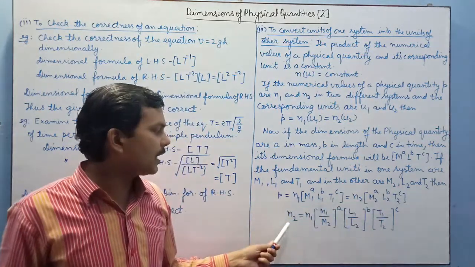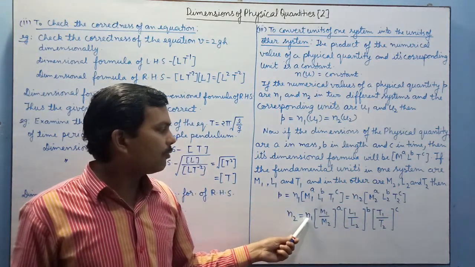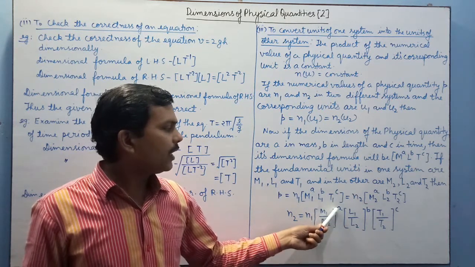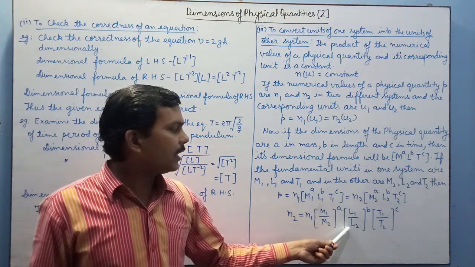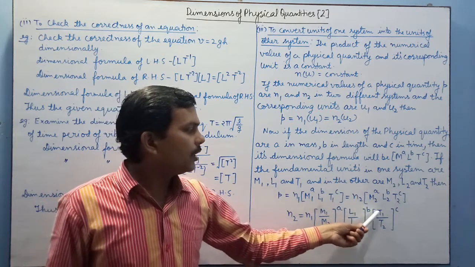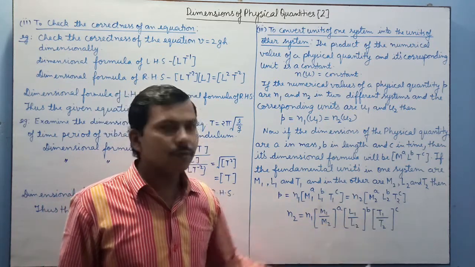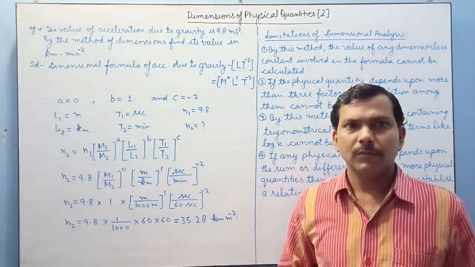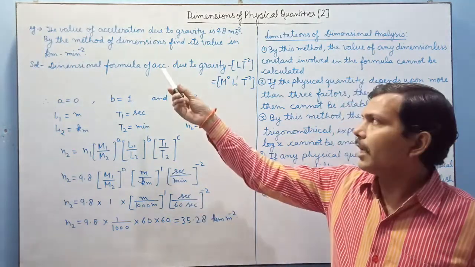From this equation we can write n2 = n1 (M1/M2)^a (L1/L2)^b (T1/T2)^c. Using this formula, we can convert the numerical value of a physical quantity from one system of units into the other system. Here we will consider an example.